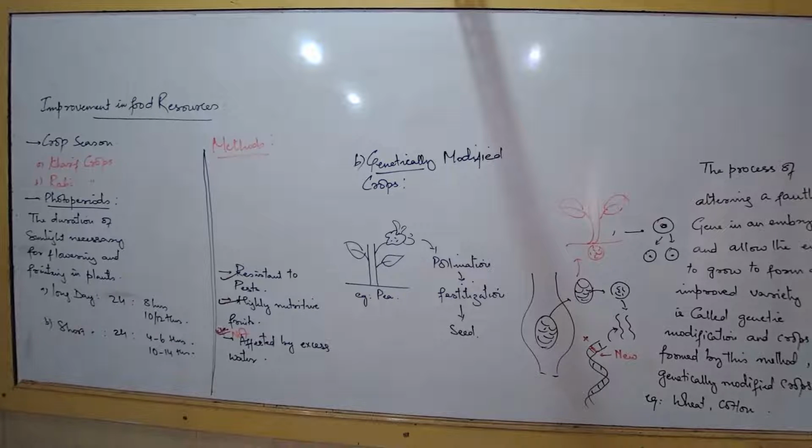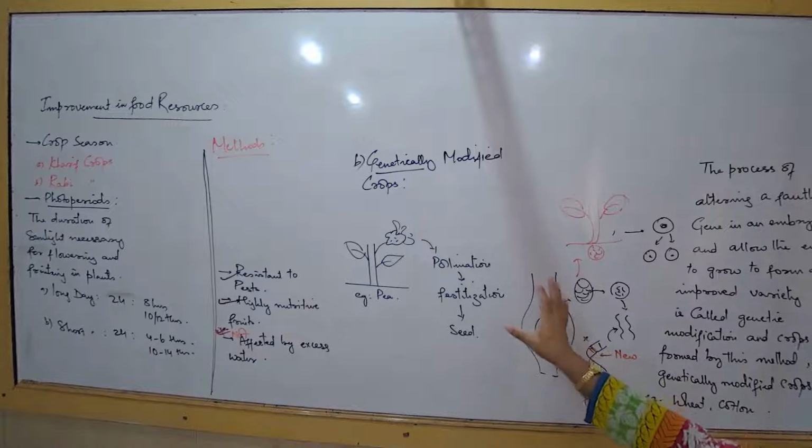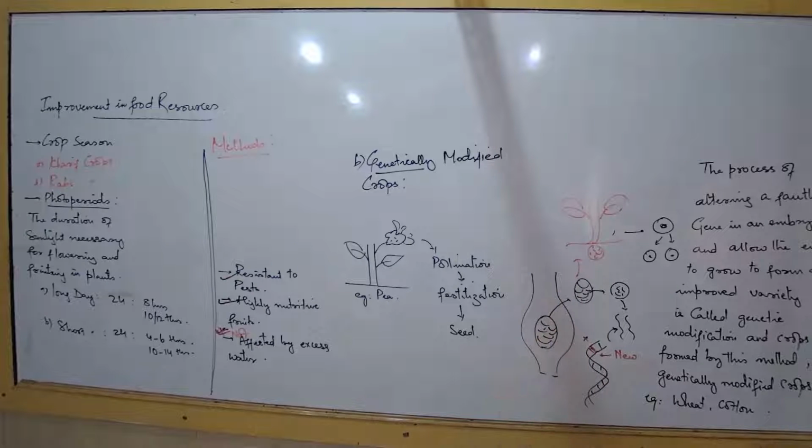Now next, we talk about what conditions are necessary for high yield. Already we said these are the two major methods that you study here. What was the first heading that we were studying? Remember, I said for improvement in crop production, first we have to think of variety improvement.